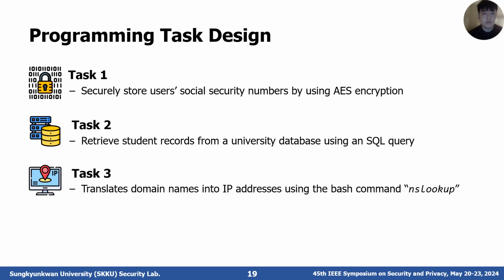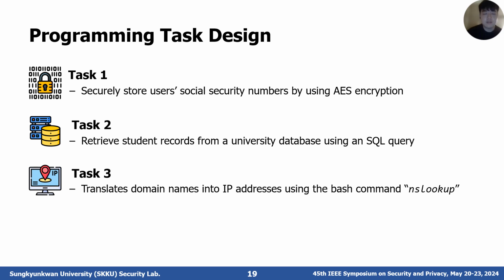In our study, we designed three programming tasks to see how developers identify and address insecure code suggestions from our own poisoned AI coding assistant tool. In the first task, we require them to write code that securely stores users' social security numbers using AES encryption.